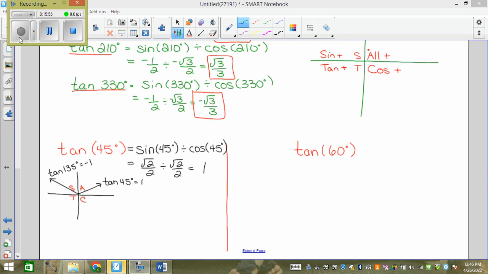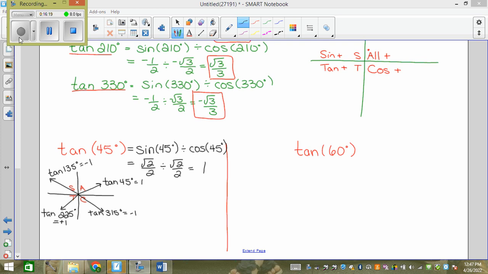Tan will always be negative if I pull an answer out of this quadrant. Tan will always be positive if I pull a quadrant out of this quadrant. If I pull it out of this one, which is 225, what's my tan going to be? Positive 1. And then out of this one, which is 315. We agree?